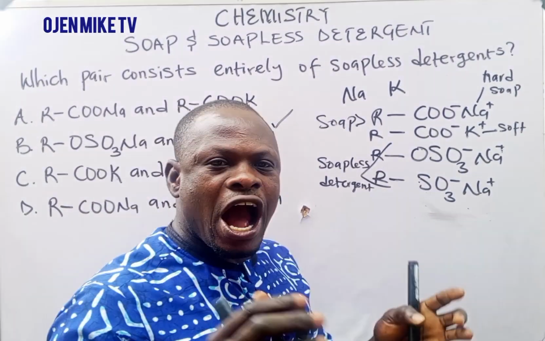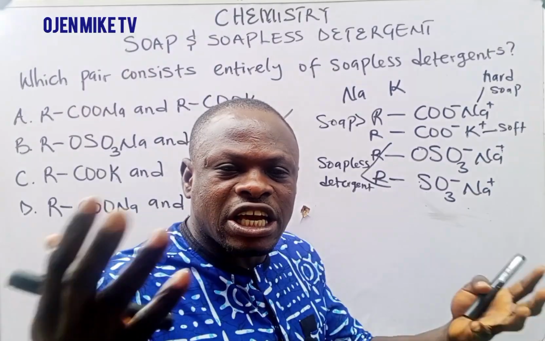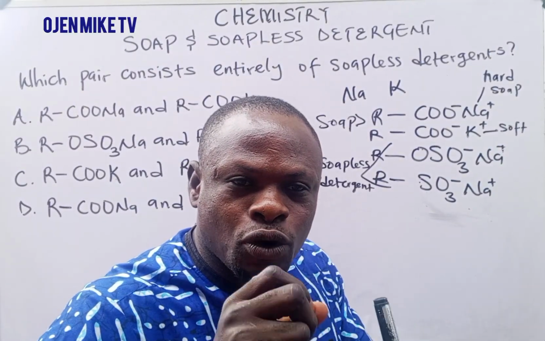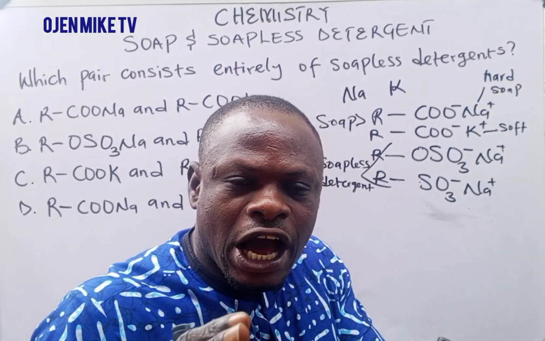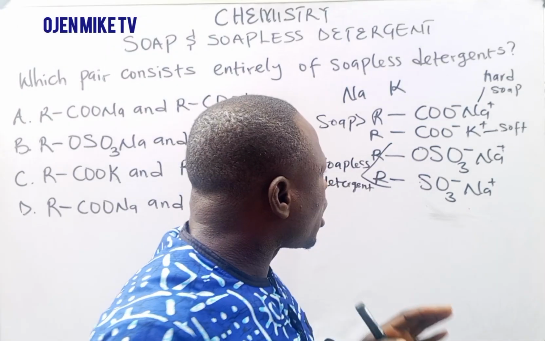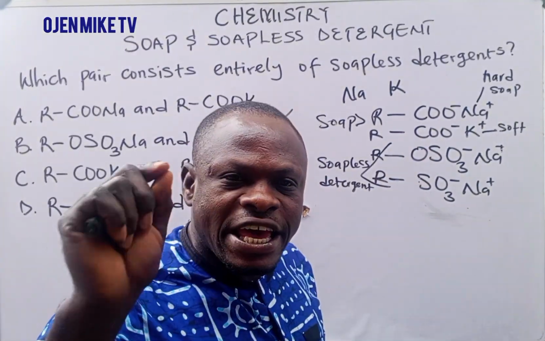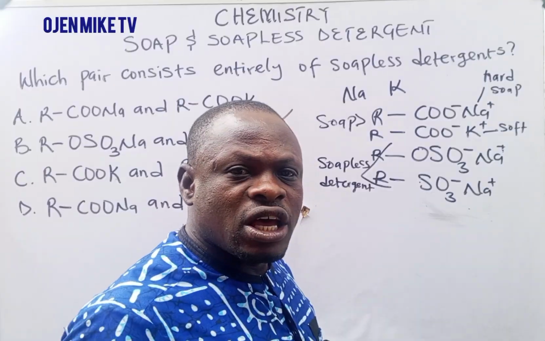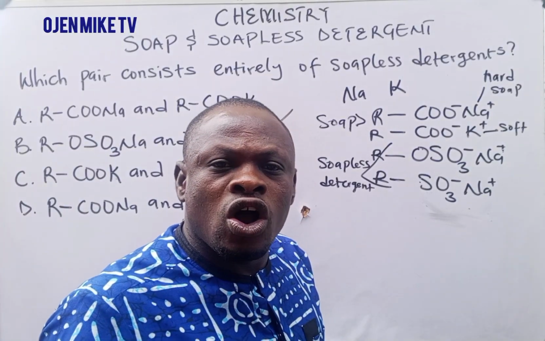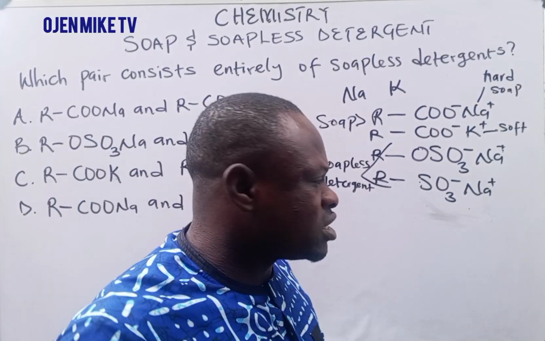Now, how do they work? How do they clean? Remember, detergent is a word used for a substance that can remove grease or oil. How do they function? The product has a head and a tail. The head is called the hydrophilic.